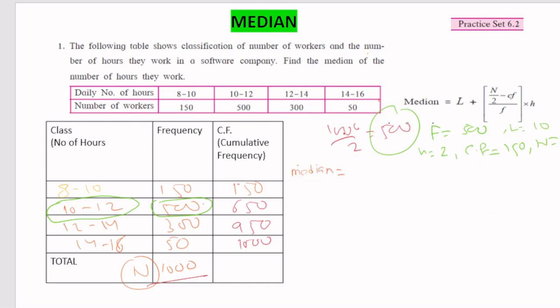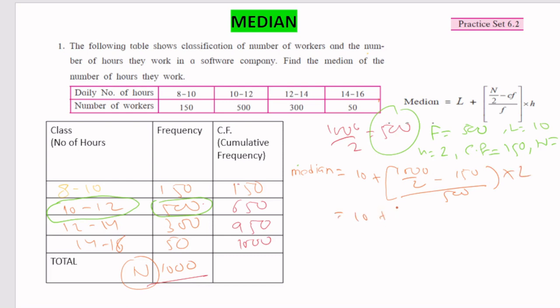So median is equal to L, that is 10, plus n by 2, that is 1000 by 2, minus CF, that is 150, divided by frequency, that is 500, into h, that is 2. Let's solve this.